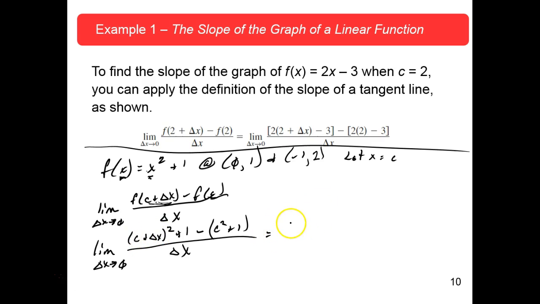Square this binomial. The limit as delta x is approaching 0, square c plus delta x. What do you get? Know how to do that? There's two ways you can do it. There's a little formula that tells you how to do it, or you can do it by foiling.